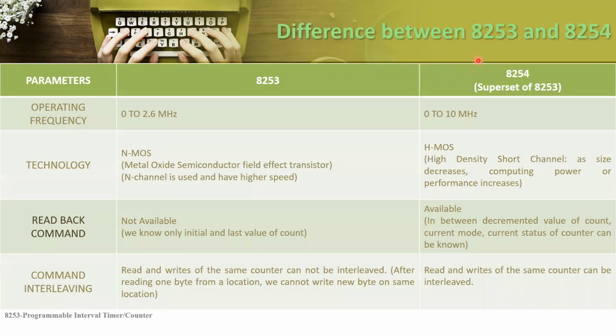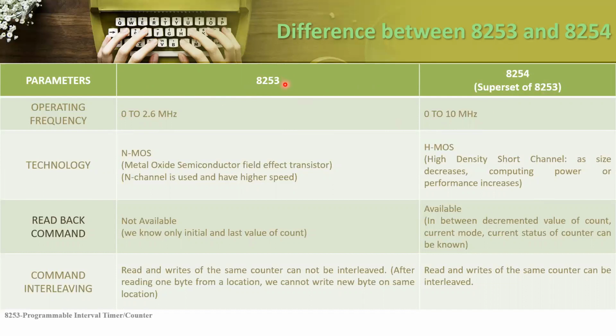Let's try to understand the differences between 8253 and 8254. There are different parameters on the basis of which we can differentiate these two. 8254 is a superset of 8253. 8253 operates at a frequency of 0 to 2.6 MHz, whereas 8254 supports 0 to 10 MHz.